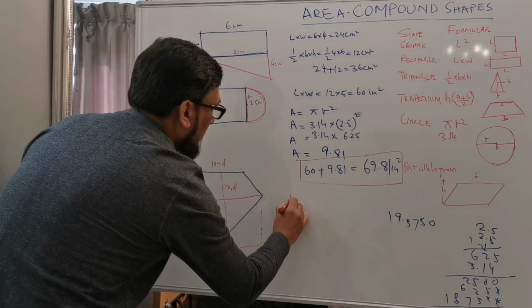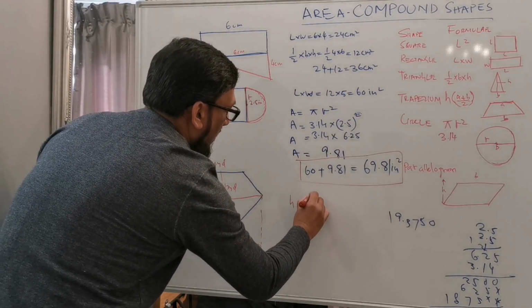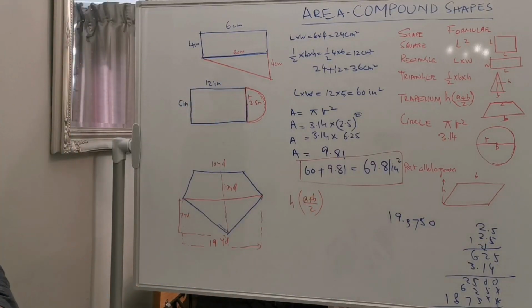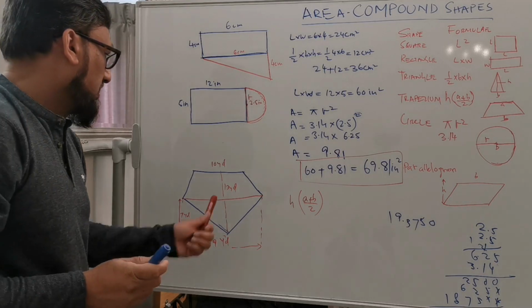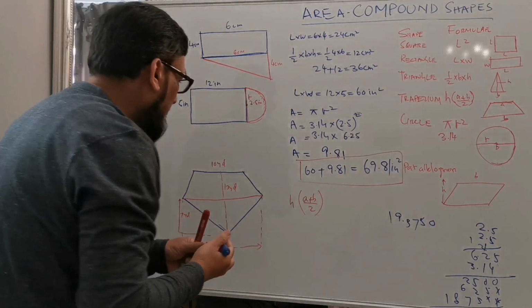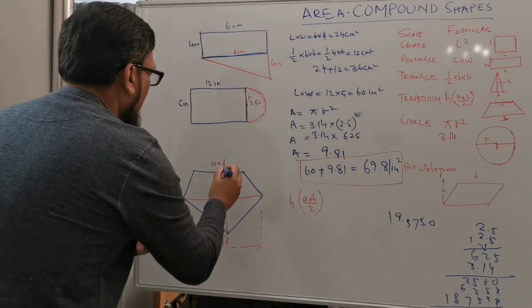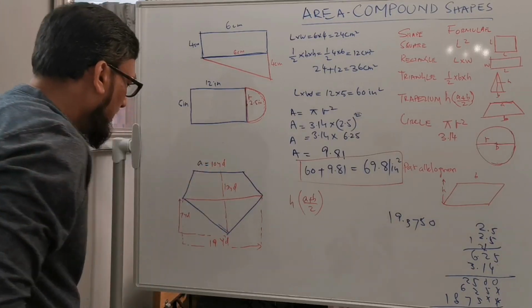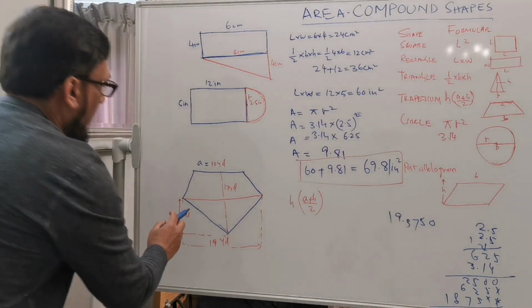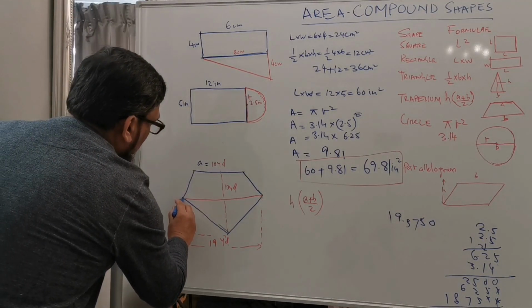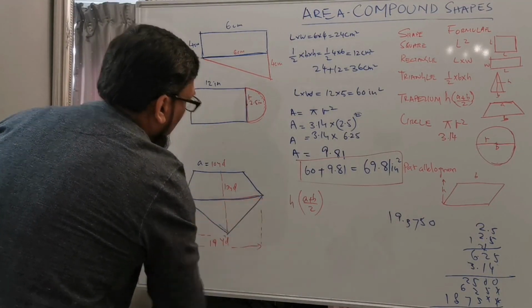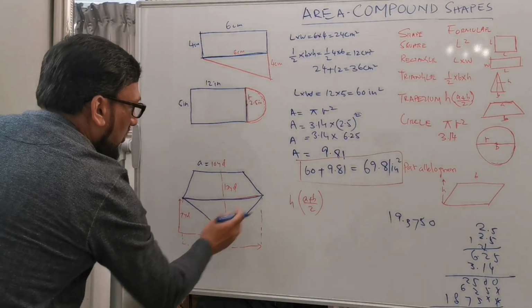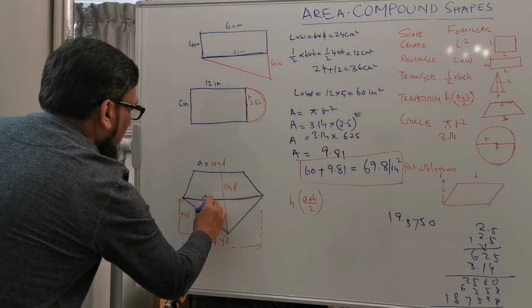The trapezium area is height times a plus b over 2. We know that a means 10 yard, and from this point to this point is 19 yard, so b is 19 yard.